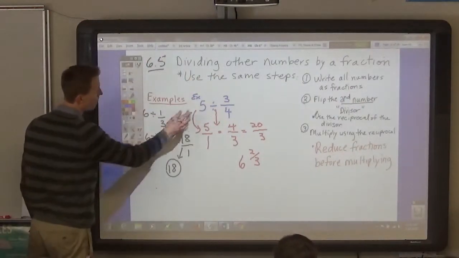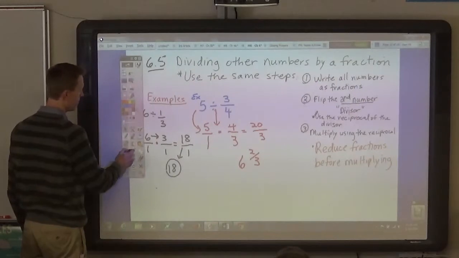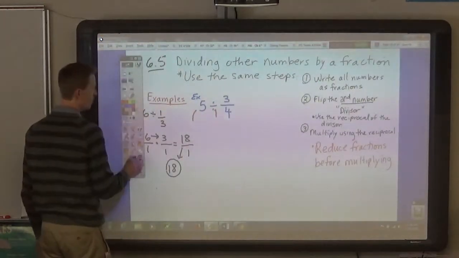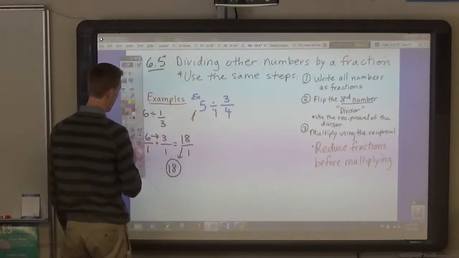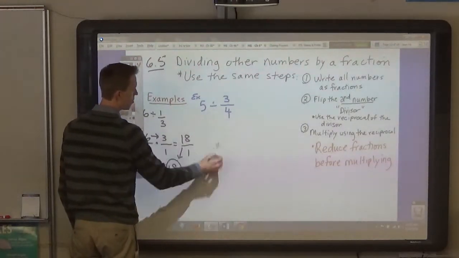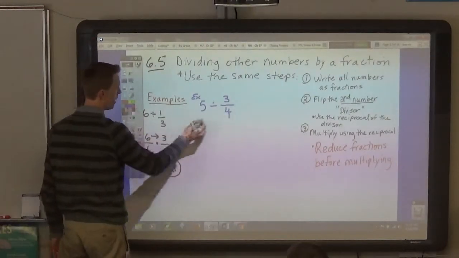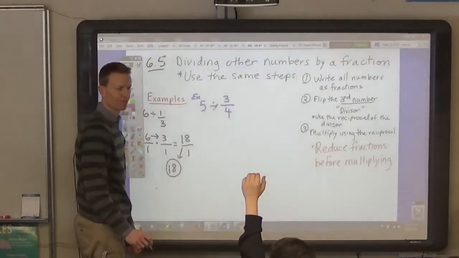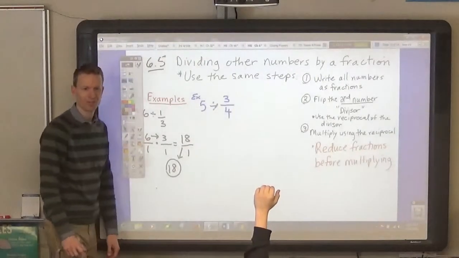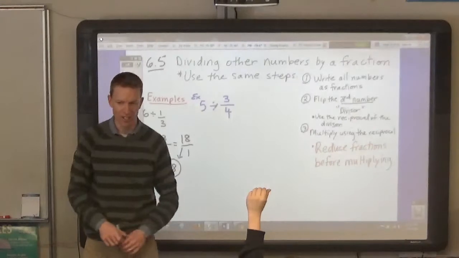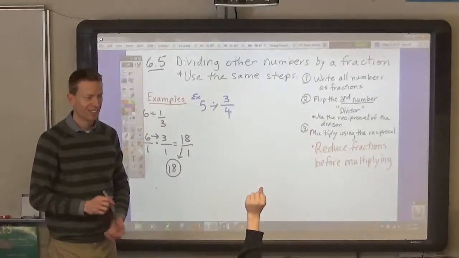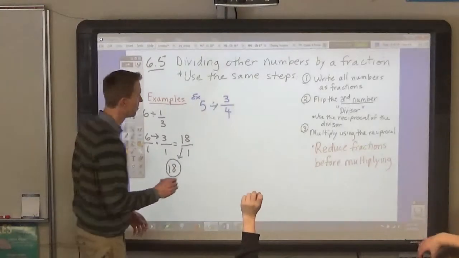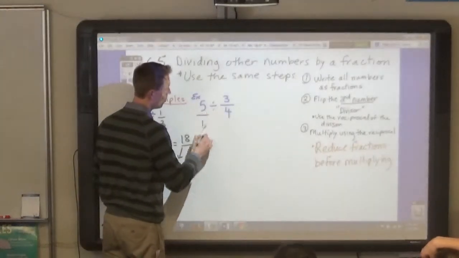So let's take one like 5 divided by 3/4. Let's rewrite this. 5 divided by 3/4. What do we have to change 5 to write it as a fraction? Daria? 5 over 1.